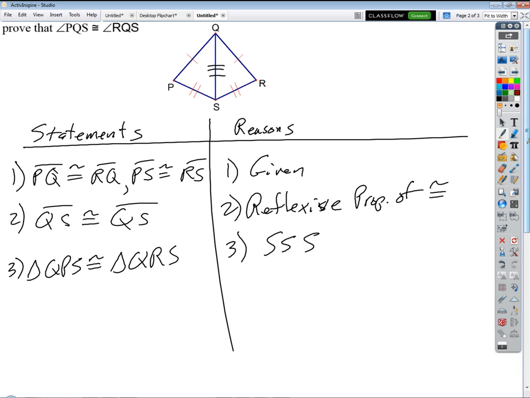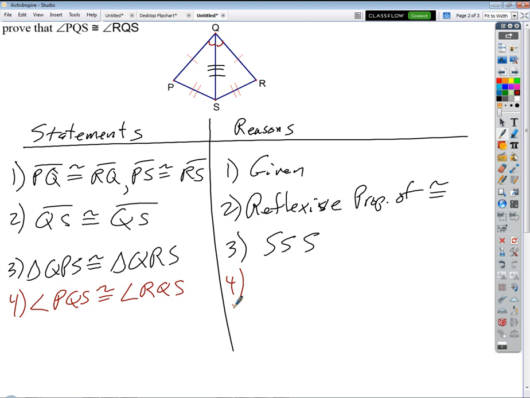Now all we have to do here, this is a cool step, is say that angle PQS is congruent to angle RQS by, what's my reason?